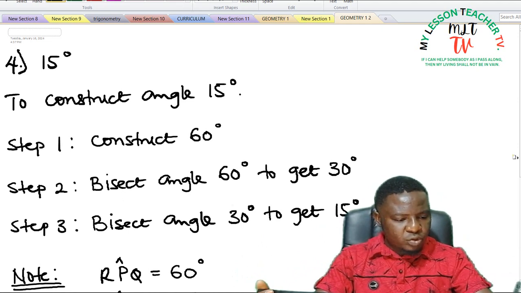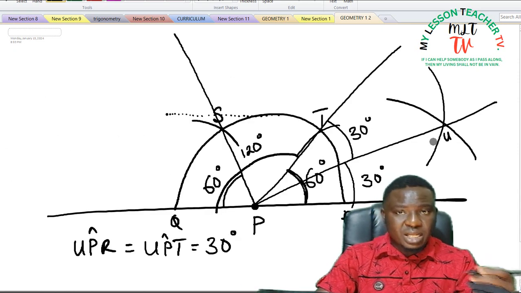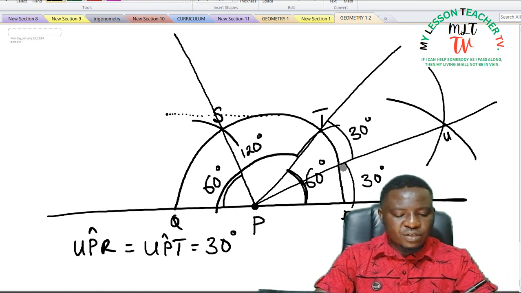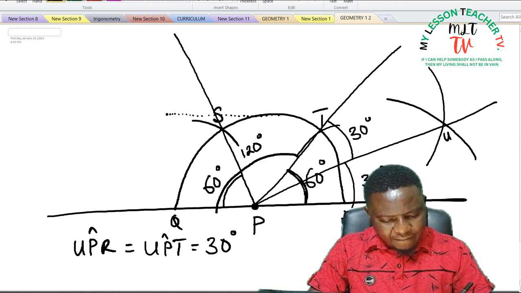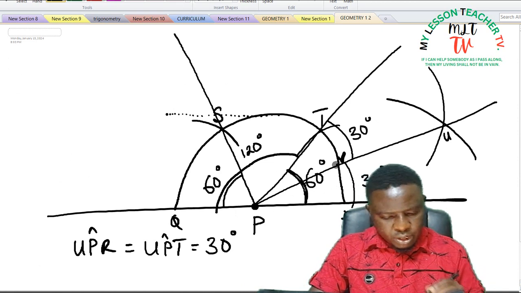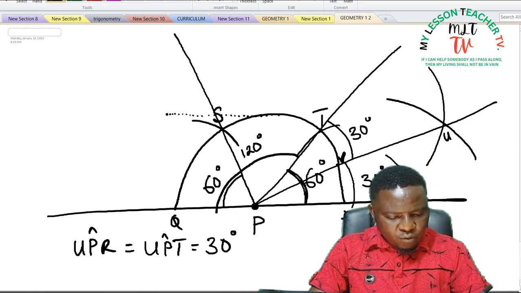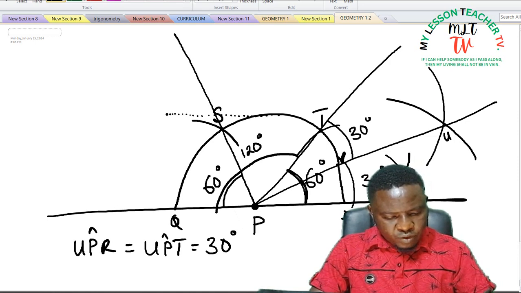So if we go back to the construction of angle 30 degrees, when you bisect angle 30 degrees, you get angle 15 degrees. Now, if this is angle 30 degrees, this is point R. If we call this point V, with R and V as center and radius greater than VR, you construct an arc above and below.